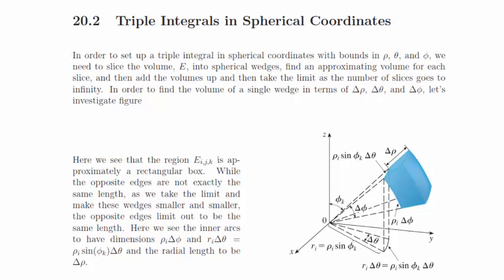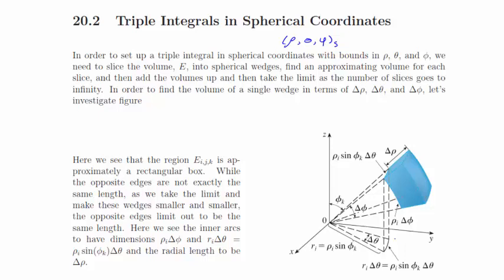So in order to set up a triple integral in spherical coordinates with bounds in rho, theta, and phi, remember our spherical coordinates are given by rho, theta, and phi. And we can actually see in figure 20.2.1 again how that all works. Our theta is just like our theta in cylindrical coordinates. It's measured in the xy plane as the angle off of the x-axis towards the y-axis.